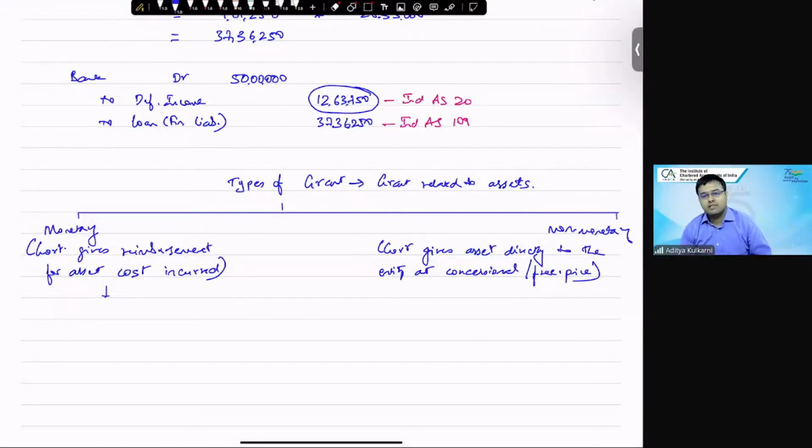So my outflow is going to be only 100 rupees. Property, plant and equipment debit. What am I going to debit? You tell me. Should I debit 300 or should I debit 100?